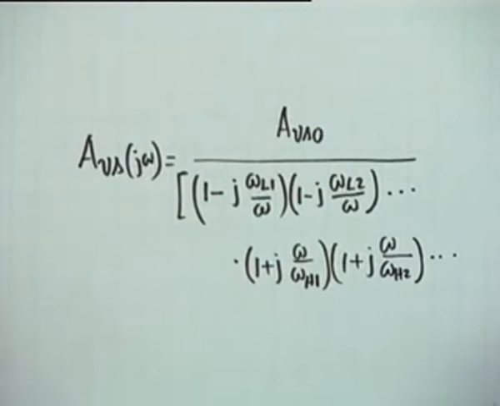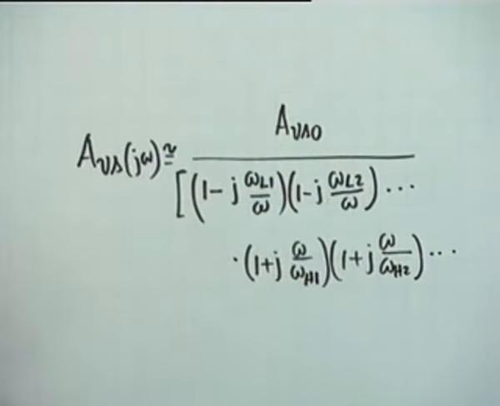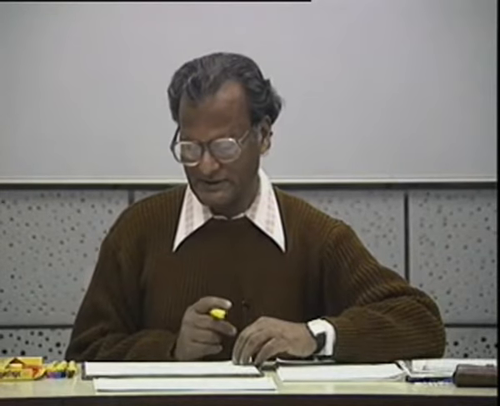This is the general expression for the gain of an amplifier containing many transistors, many capacitances and so on and so forth.